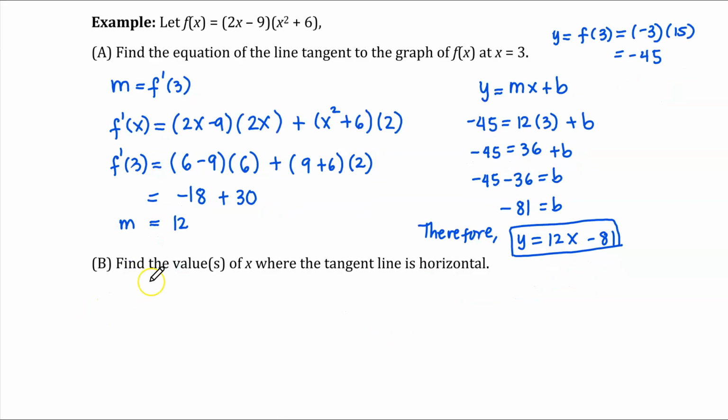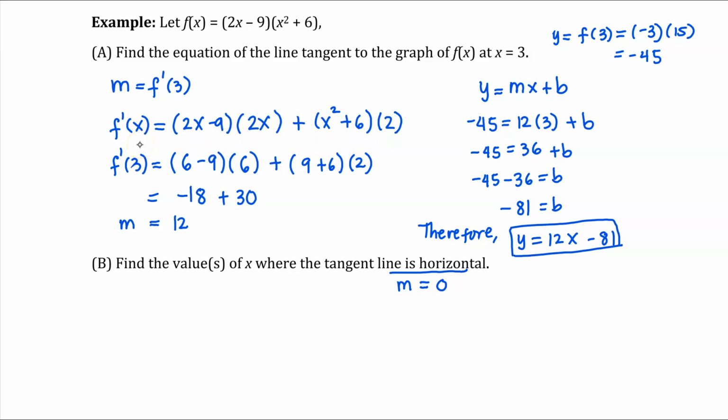Now for the second part here, we are asked to find the values of x for which the tangent line is horizontal. So when you say horizontal tangent line, this implies that the slope is equal to 0. So that means we are going to solve for x for when the derivative is equal to 0.